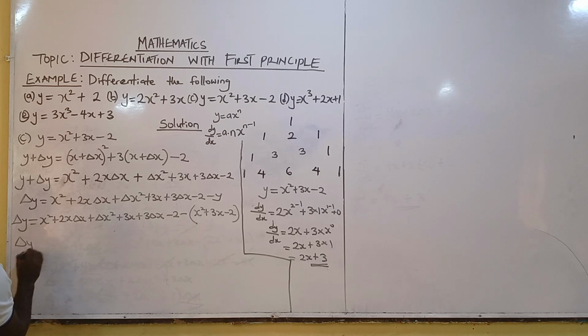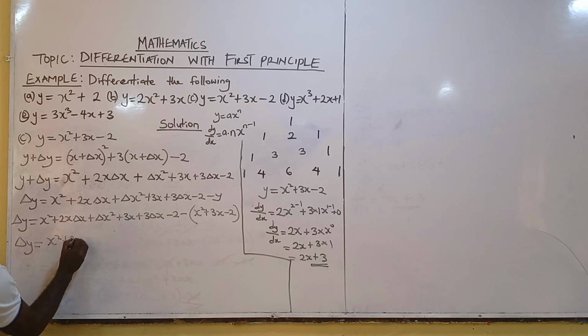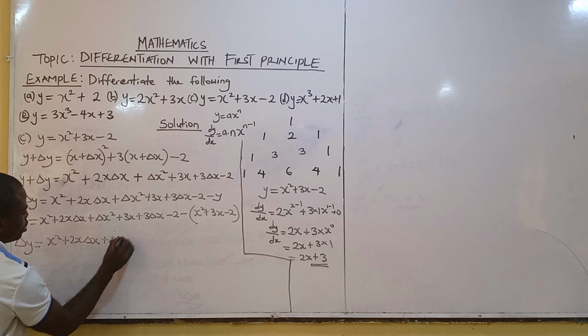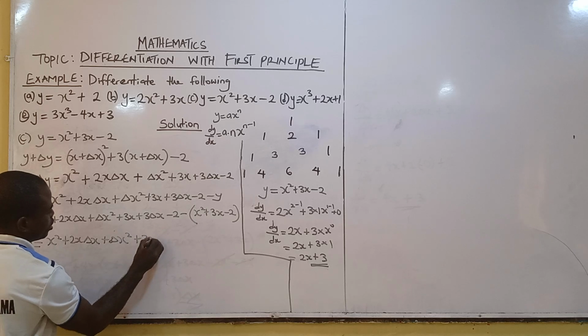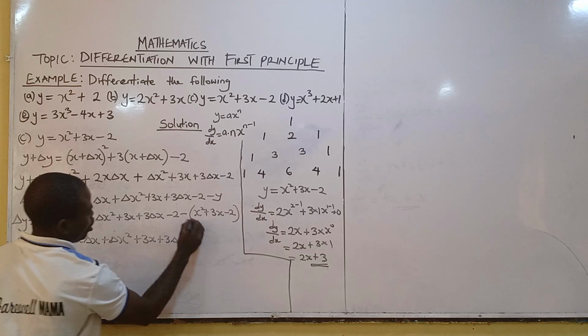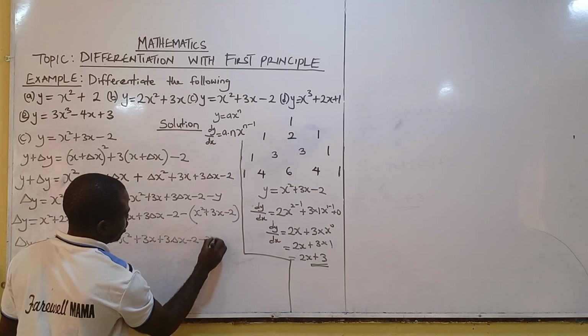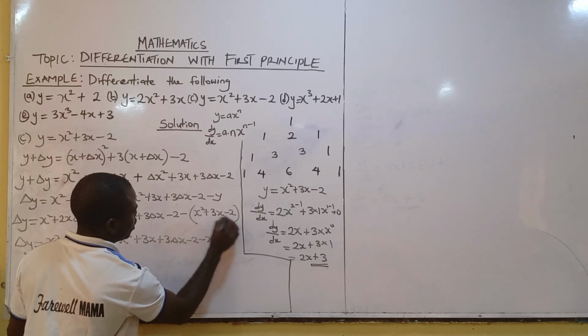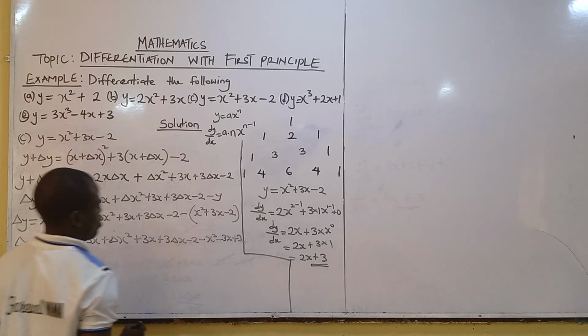Now dy equals x squared plus 2x dx plus dx squared plus 3x plus 3 dx minus 2. Let's open the bracket: minus x squared minus 3x, minus negative is positive, plus 2.